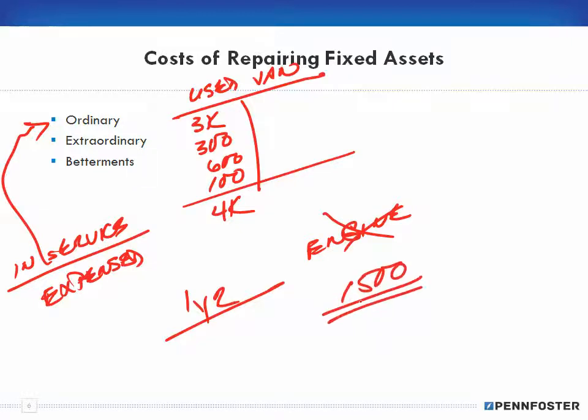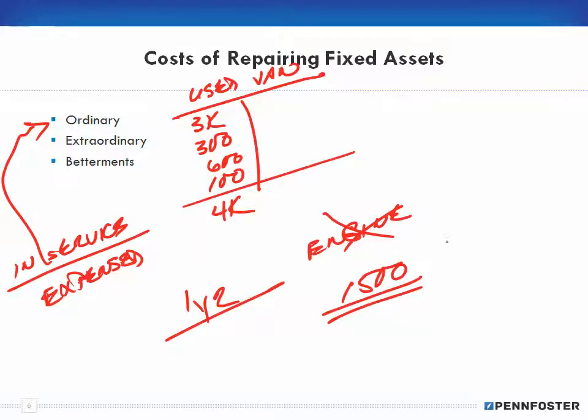Even though the van is in service, the replacement of this engine isn't an ordinary repair. It's an extraordinary repair. If we didn't replace the engine for $1,500, the van would be useless to us.